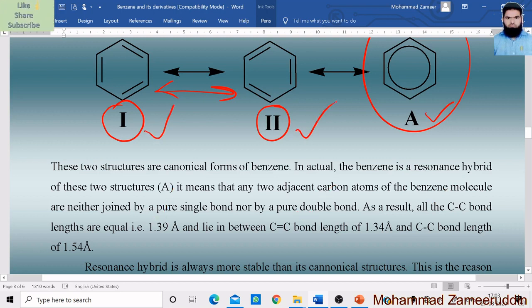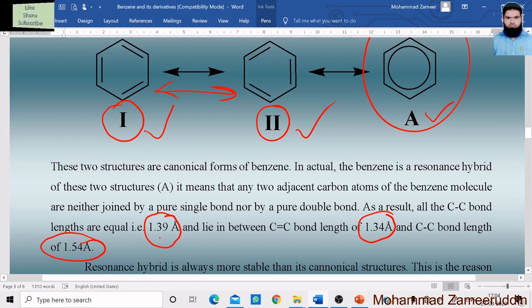It means that any two adjacent carbon atoms of the benzene molecule are joined neither by a pure single bond nor by a pure double bond. As a result, all carbon-carbon bond lengths are equal, ओके, सभी का जो लेंथ है वो इक्वल है, मीन्स 1.39 एंगस्ट्रॉम. सो अगर हम देखते हैं तो डबल बॉन्ड का जो लेंथ होता है वो होता है 1.34 और सिंगल बॉन्ड का जो लेंथ होता है वो होता है 1.54. लेकिन बेंजीन में जो बॉन्ड लेंथ है वो 1.39 है, मतलब दोनों के बीच में है.